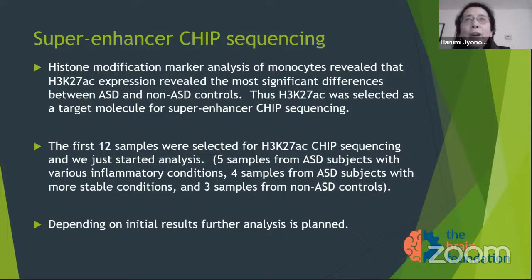This assay is very costly, so we are only checking the very significant patients: two different relatively stable ASD subjects, a very inflammatory condition, and some non-ASD controls. Depending on the result, we will try to scale down to a less expensive, simplified ChIP sequencing, so we can do more samples.